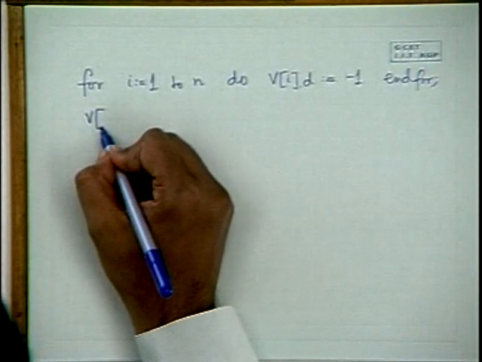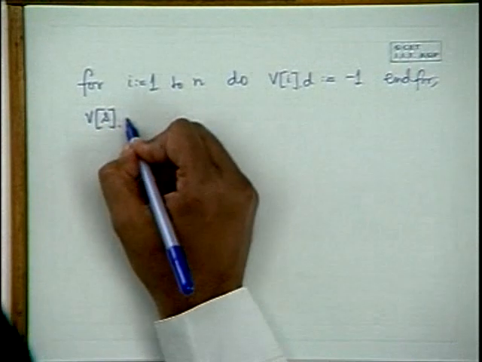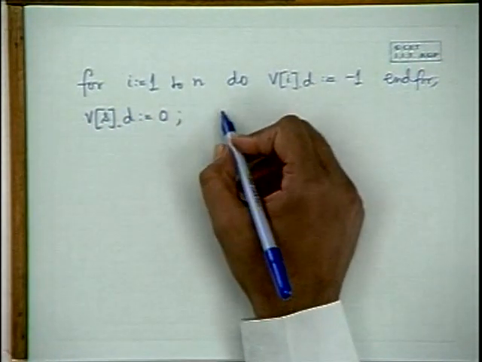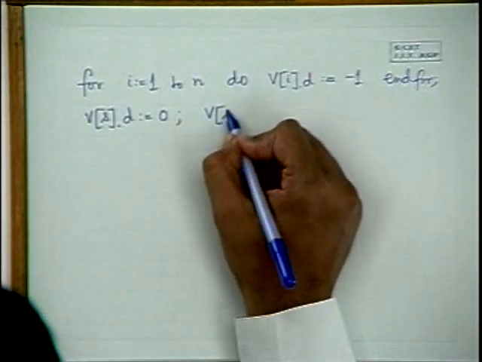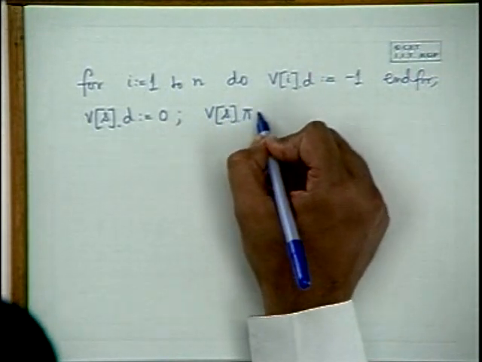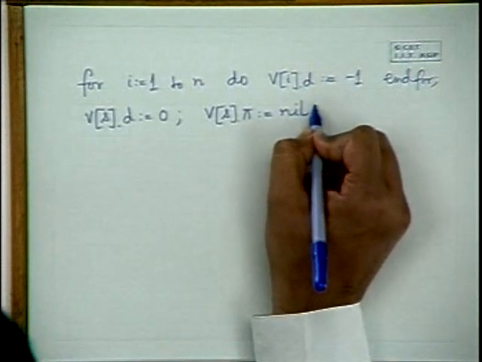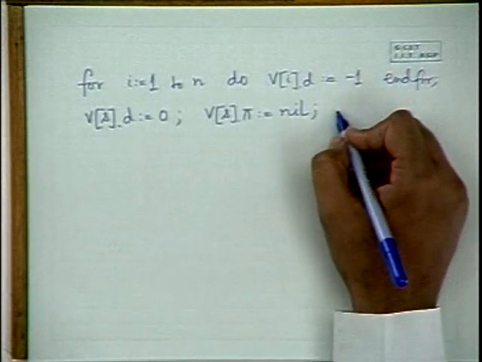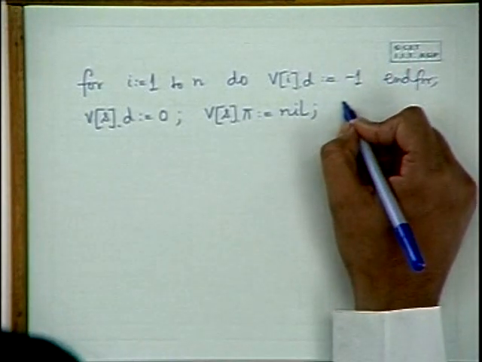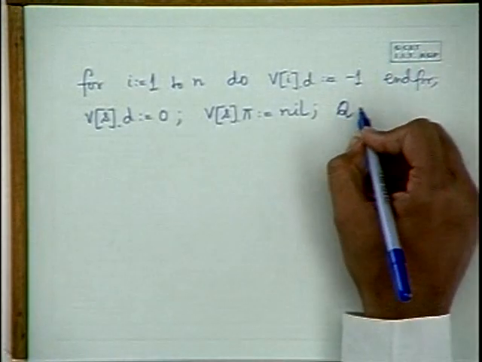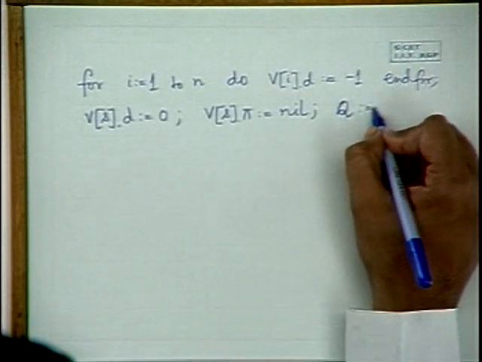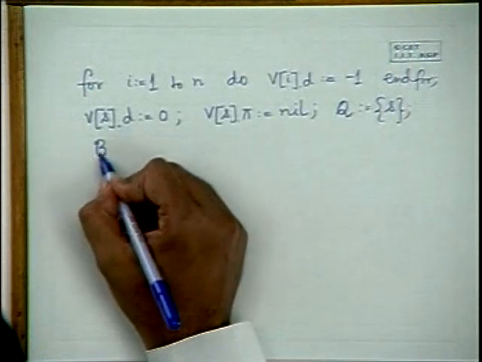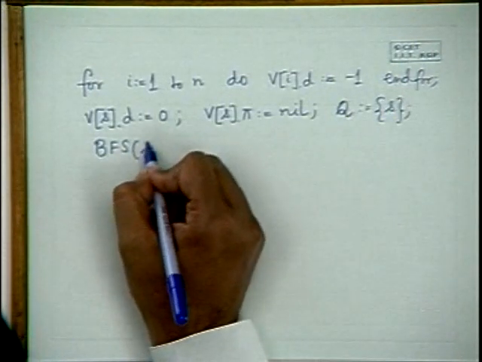Then we initialize the start vertex vs.d equal to 0. Again we have the pi field, vs.pi is nil. Then we initialize a queue, the data structure queue, which I am denoting with Q. Q initially contains the starting vertex s. Then we call BFS with this starting vertex s.